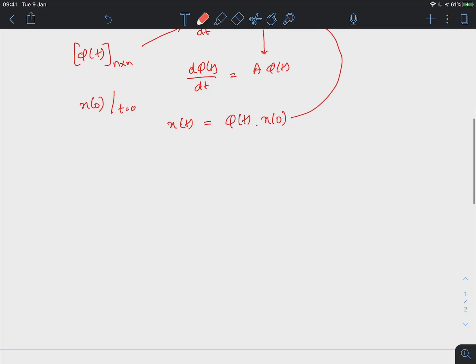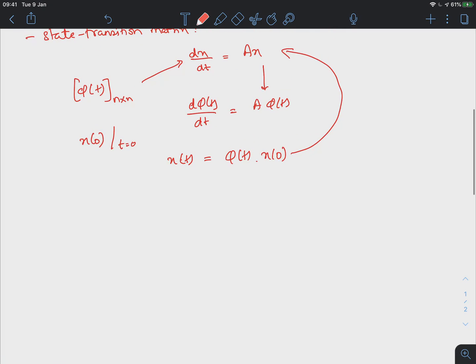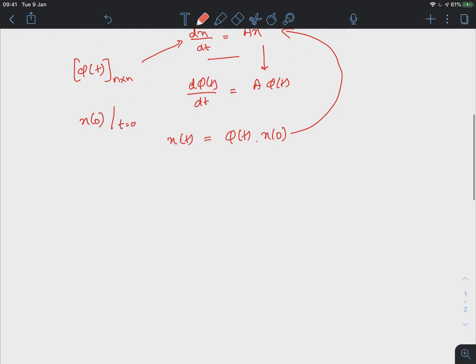Okay, so if I take the Laplace transform of this equation, by using the property of the Laplace transform, I would obtain X(s) minus the initial condition x(0) is equal to A X(s). Okay, so I can represent X(s) as (sI minus A) inverse x(0).